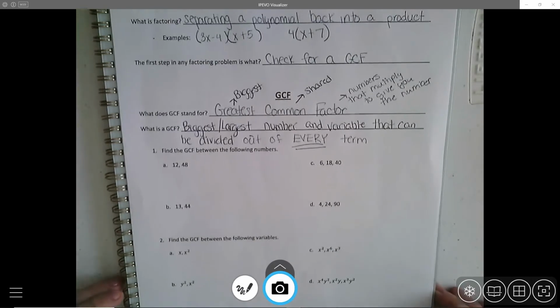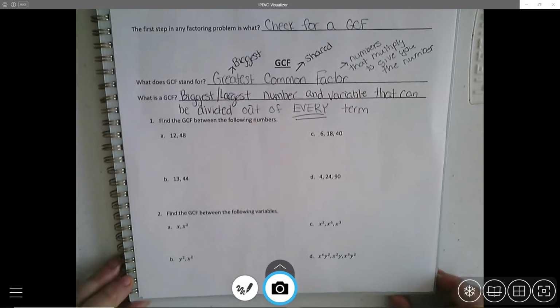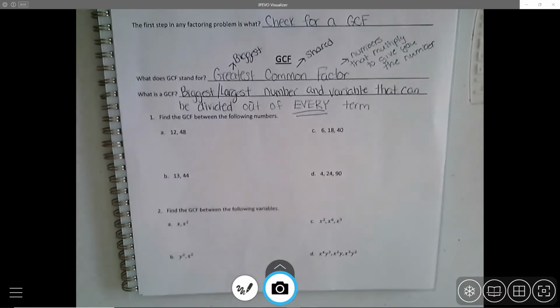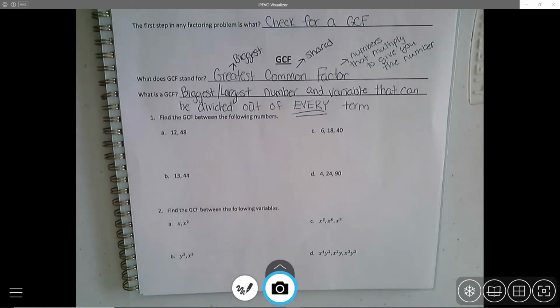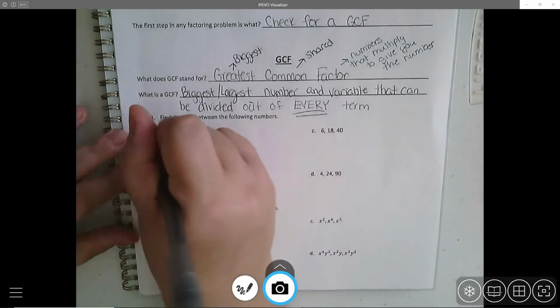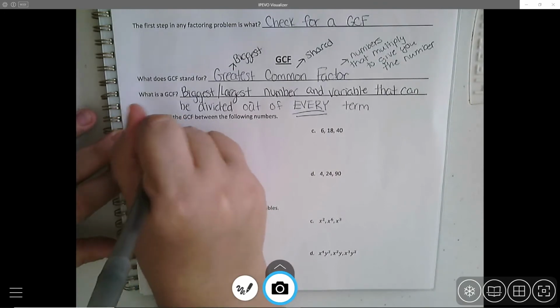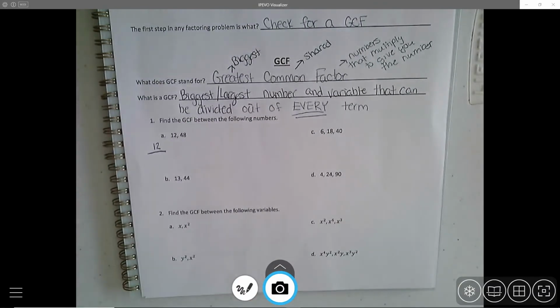So now, you probably talked earlier in your education about factors of numbers. What we're going to do is find the greatest common factor of these numbers, and it may be something you've already done. The easiest way is to start writing out the factors of every number.